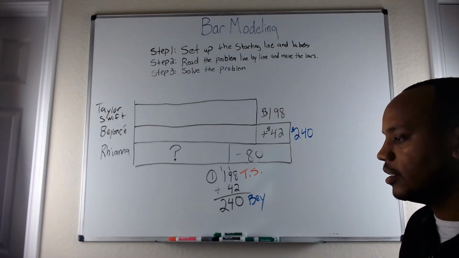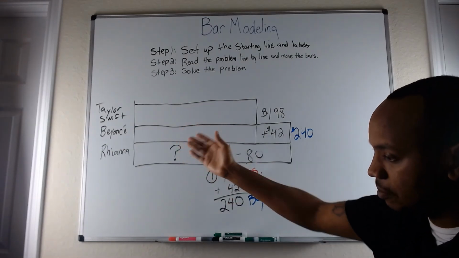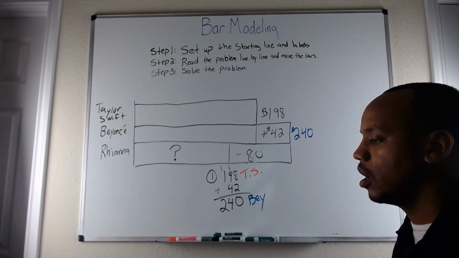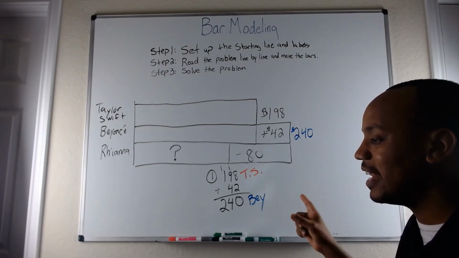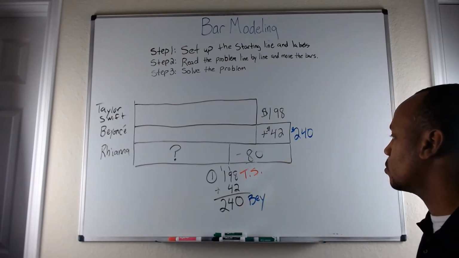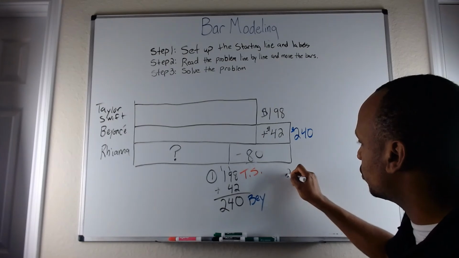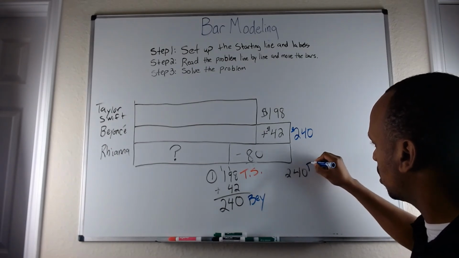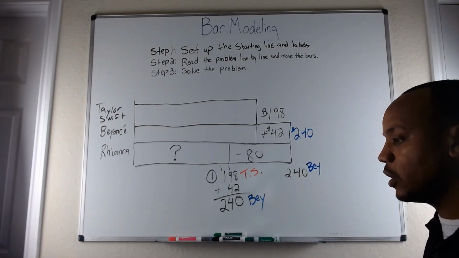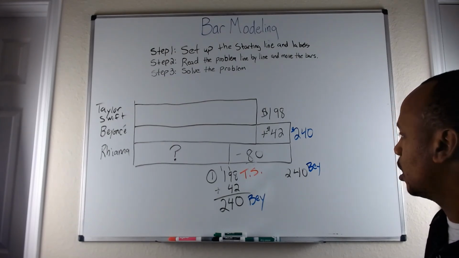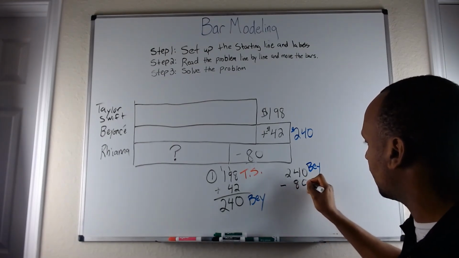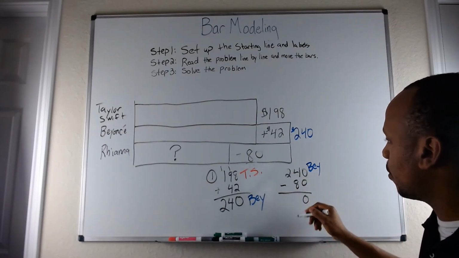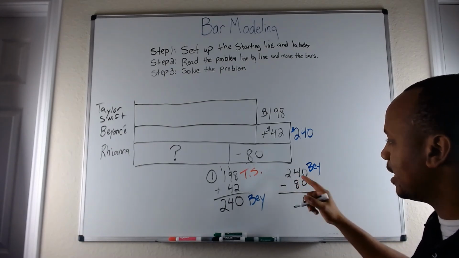Now, step two is to find Rihanna's ticket price, which is your actual goal. But it says Rihanna's tickets for her entire world tour are $80 less than Beyonce's. So step two, if Beyonce's $240, I'm going to take $80 less than that, and it will lead me to Rihanna's. 0 minus 0 is 0. 4 minus 8 I cannot do.